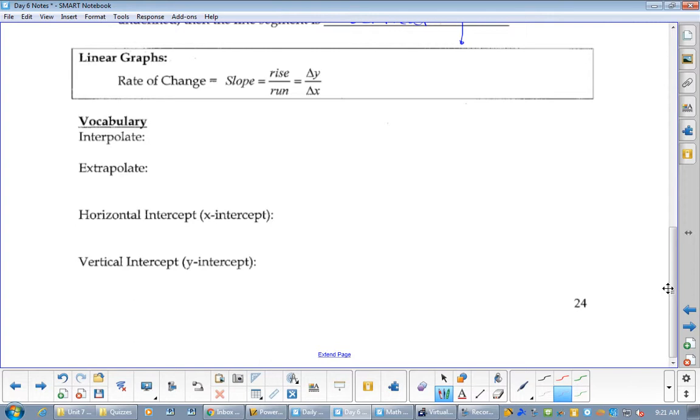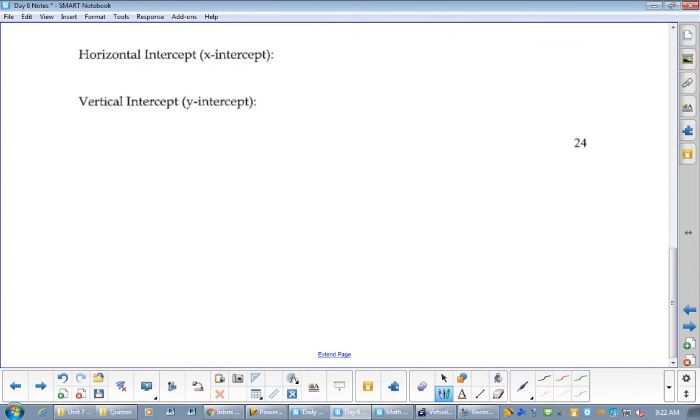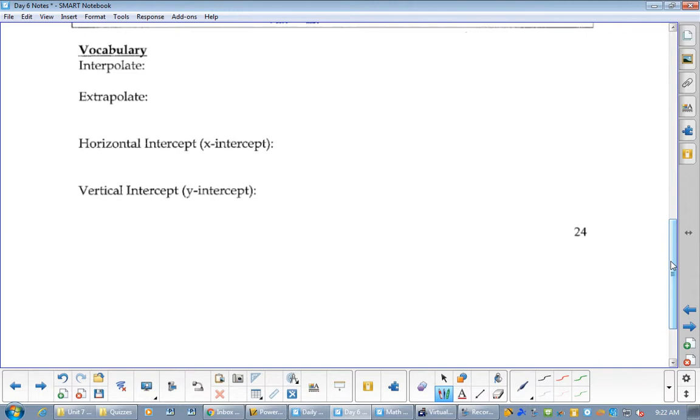Okay, now here's some words that you never know, might show up on a unit exam. The word interpolate means to obtain data between given data points.